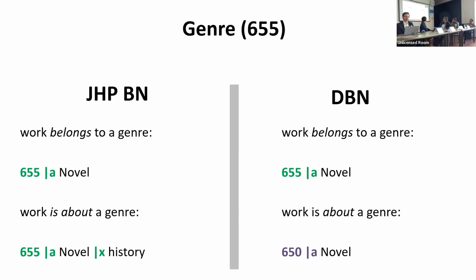In the former system, both works that belonged to a specific genre and works that were about this genre, like novels and works about the history of a genre, which is novel, were given the 655 field. In the new system, only in the first case they are given the 655 field, while in the second, 650 together with some other descriptors. So they are separated already at this level.